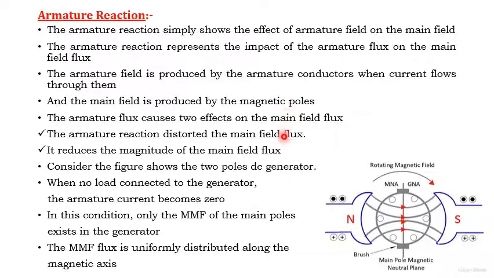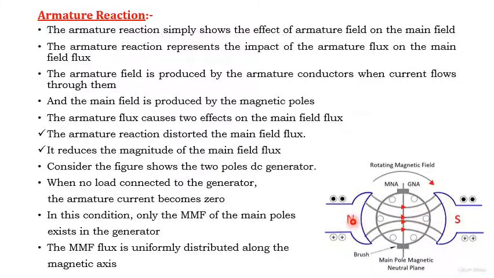Now let us explain this armature reaction concept by considering a two-pole generator. So this is a two-pole generator. When there is no load connected to the generator, there is obviously zero current through the armature conductors.